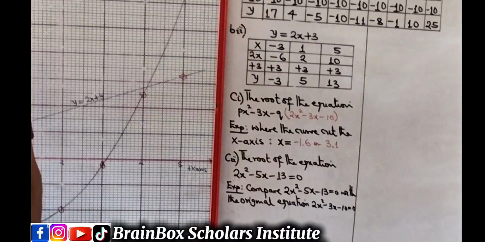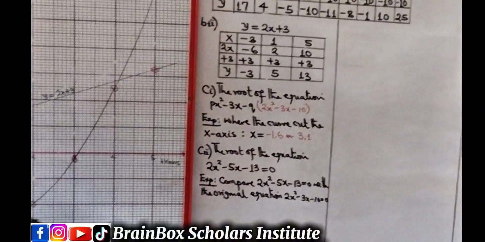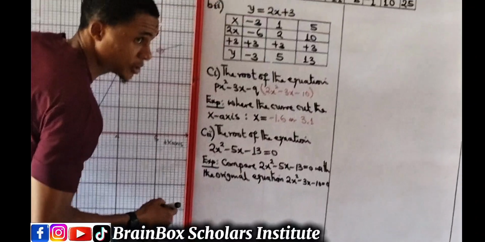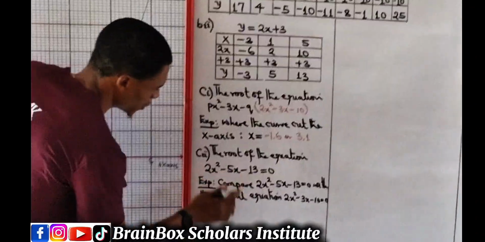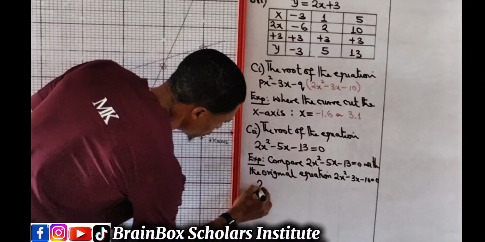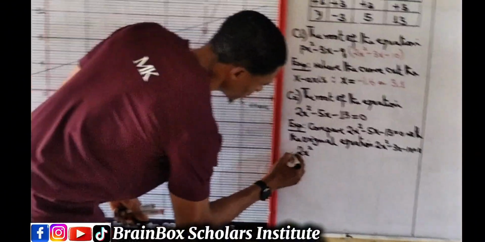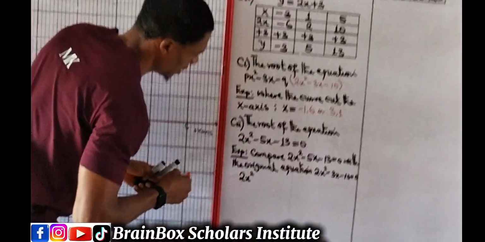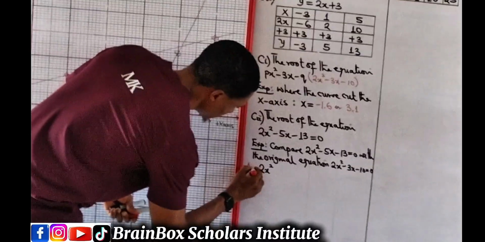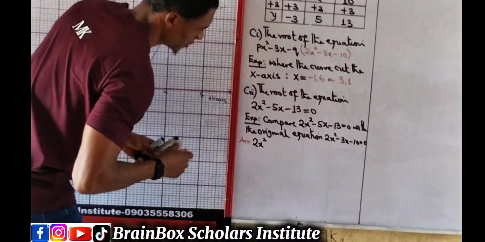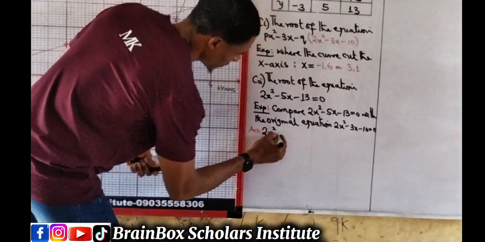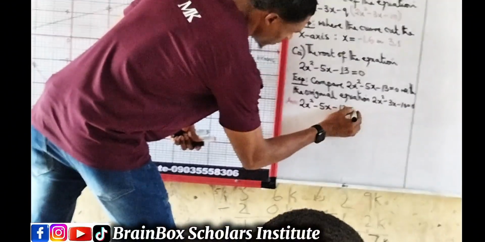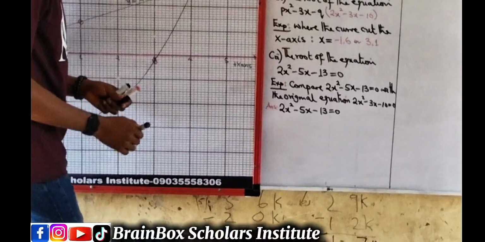So let's go there. Now, where is the original equation? The original equation is 2x squared, and this happens to be the answer. So 2x squared minus 5x minus 13 is equal to 0.